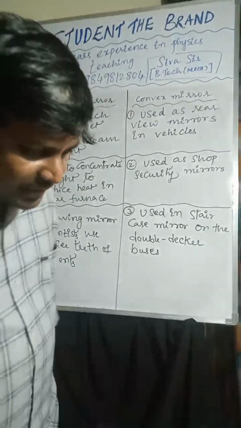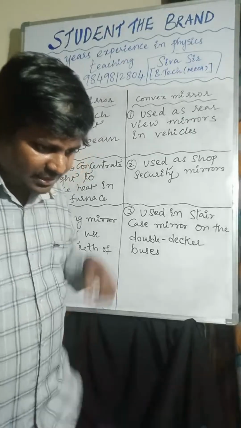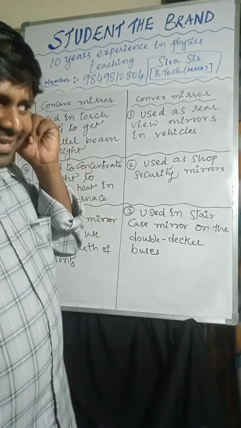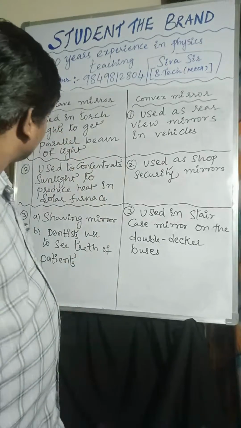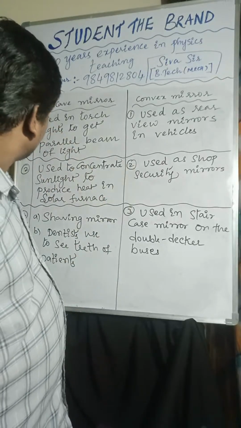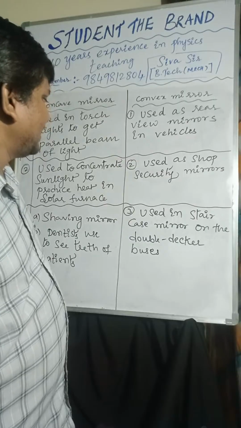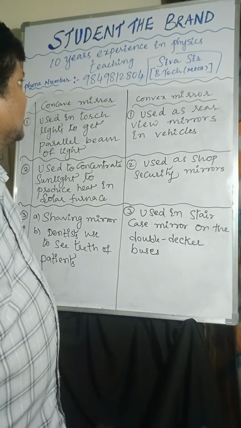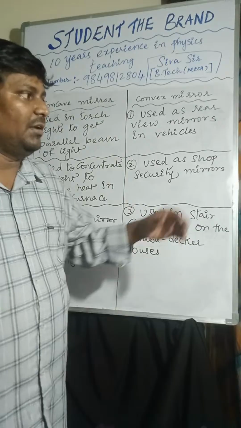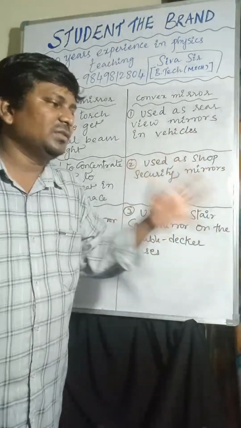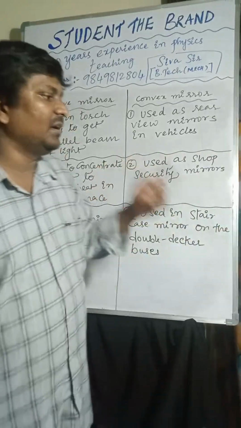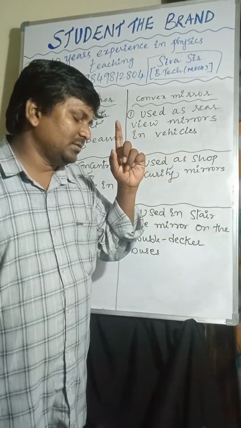Very nice. Sir, what is a staircase mirror? It is used on double decker buses. It is a convex mirror. Normally you see, in front of the houses, a big mirror with a red color.